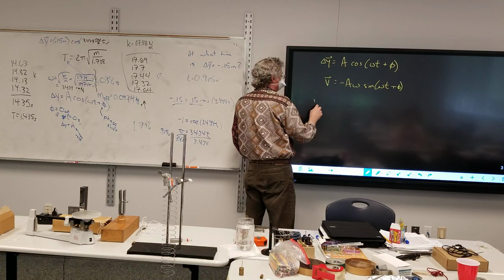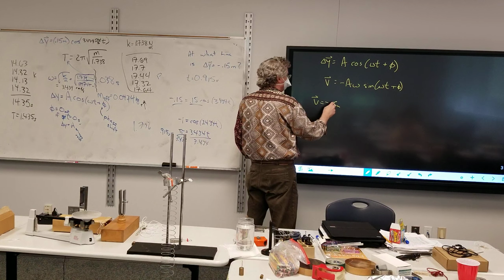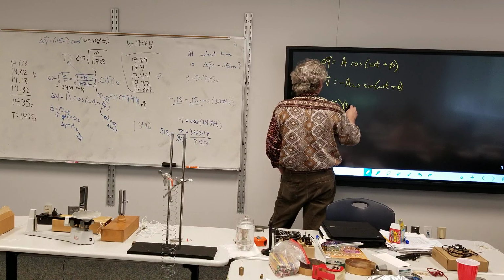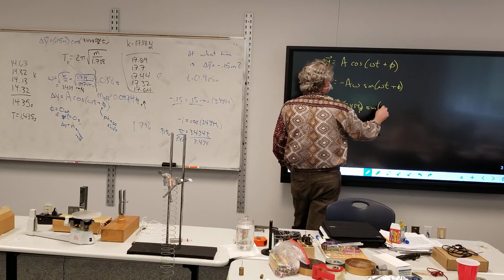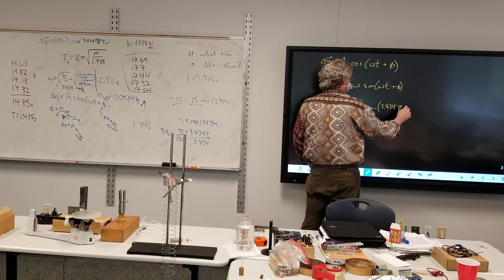My velocity in this particular case will be negative 0.15 meters times omega, which we found was 3.434 radians per second, times the sine of 3.434 radians per second times time.